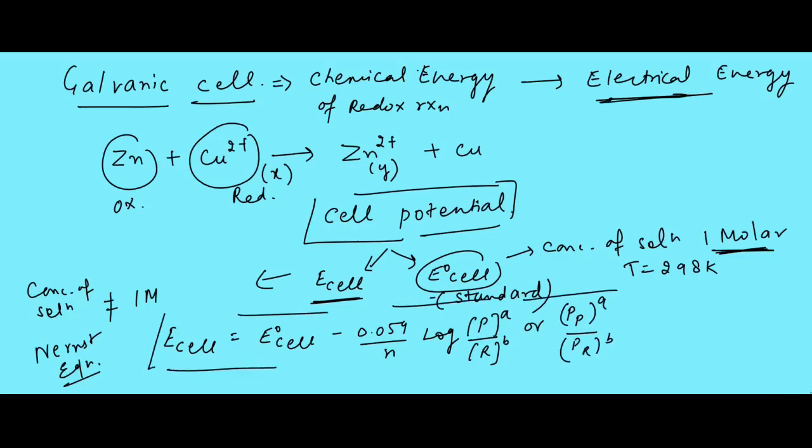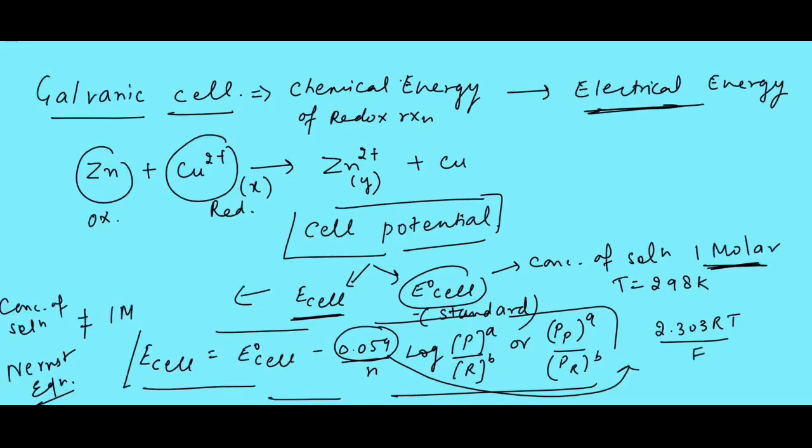This Nernst equation is used to calculate the cell potential. Now, one thing which you should know about this Nernst equation is that this 0.059 is actually equal to 2.303 RT upon F. When you substitute the values of R and T, for example, R value is 8.314, and temperature you will use 298 Kelvin, and F is the Faraday constant which is 96500.